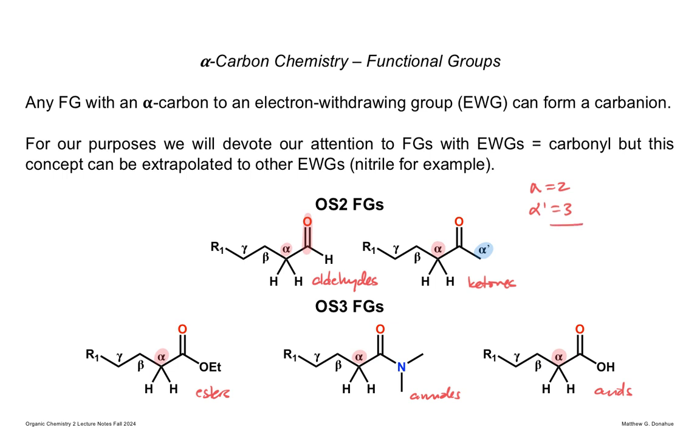So overall we have 5 total alpha hydrogens. So this would be what? 40%, 60%. So there's the statistics of it.